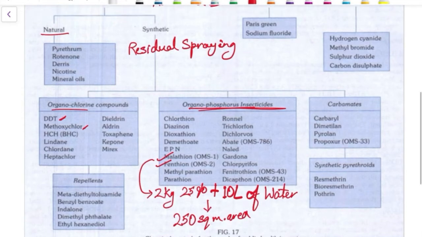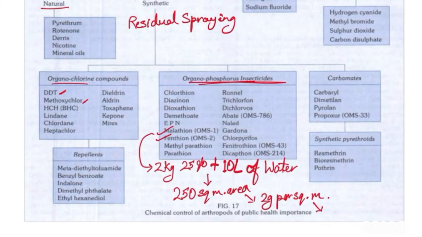This provides a dose of 2 gram per square meter area, and it can be sprayed in 2 coats.